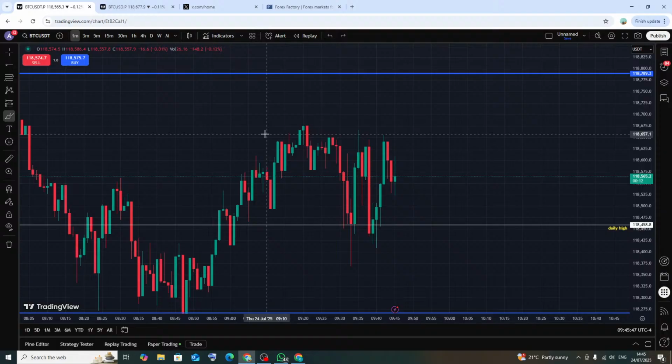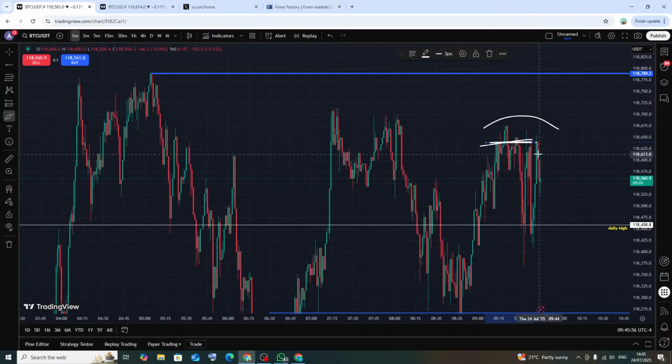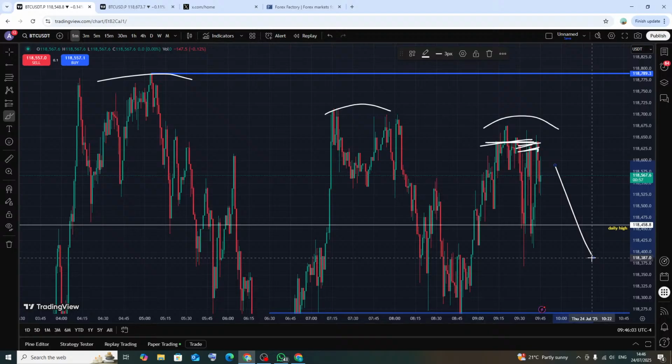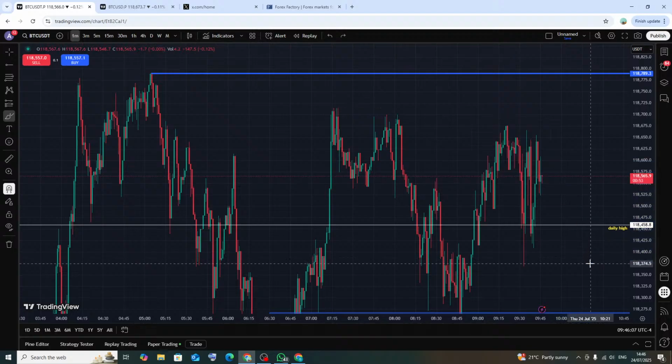Now the present me is very much concerned that this is a rejection. These red candles are the rejections from charts. Another lower high can be formed and could make a major pullback toward the downward side from here.